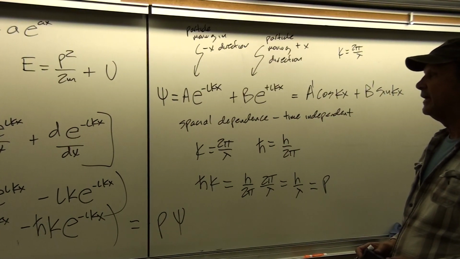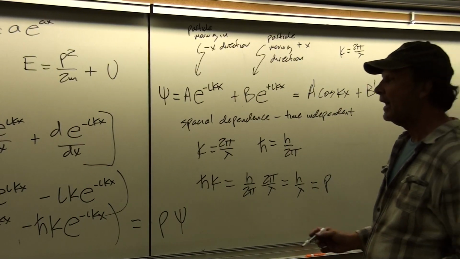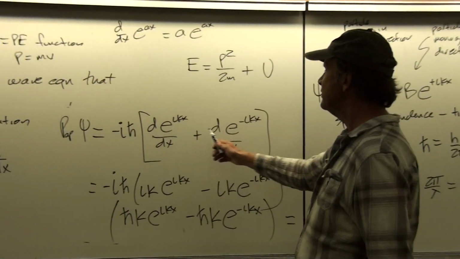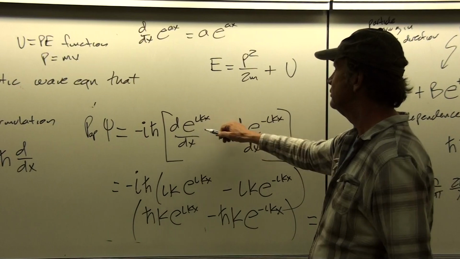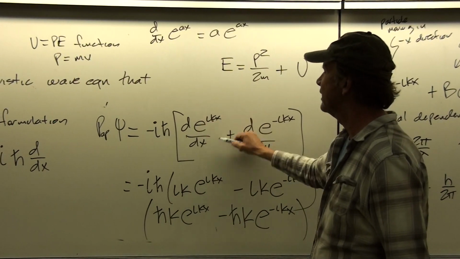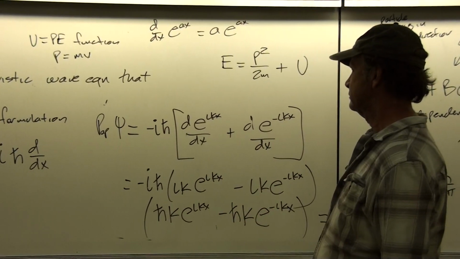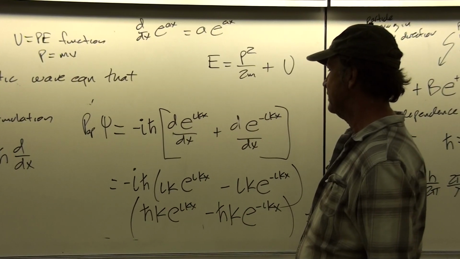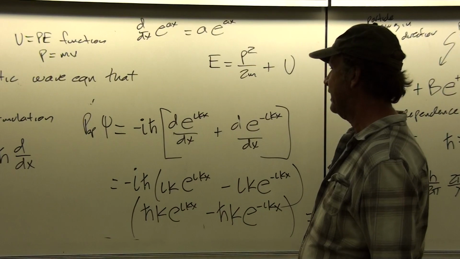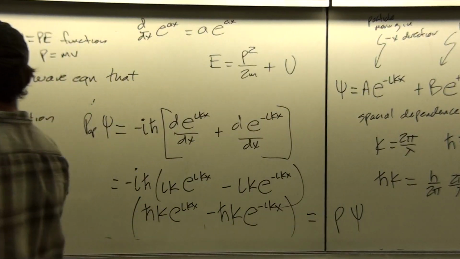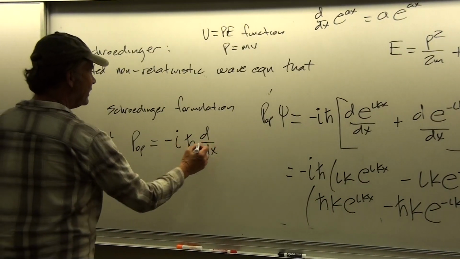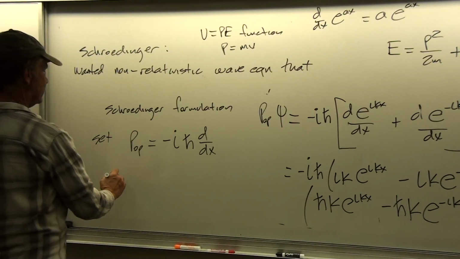But the idea here then is that if we apply this momentum operator to, say, a particle that's moving to the right, we get p times that wave function back again. Okay, and so if we took two p ops, then that would be the same thing as two different operations.